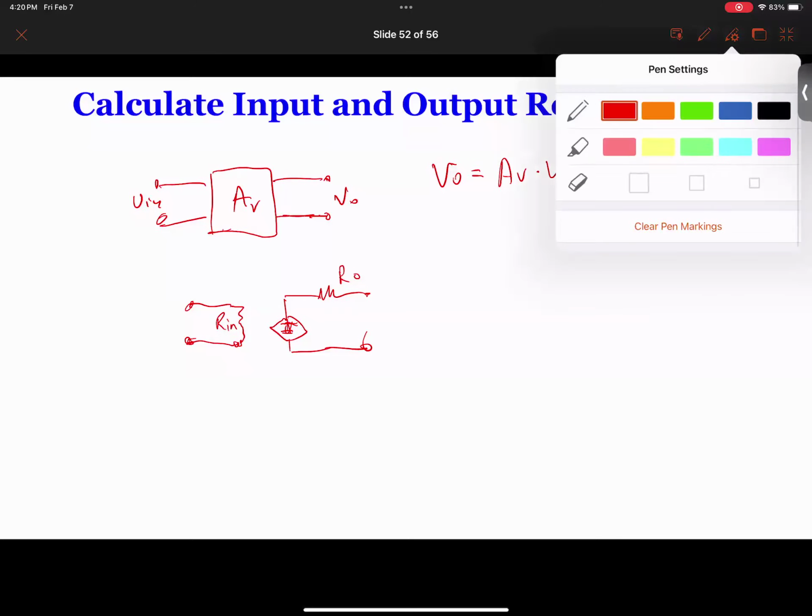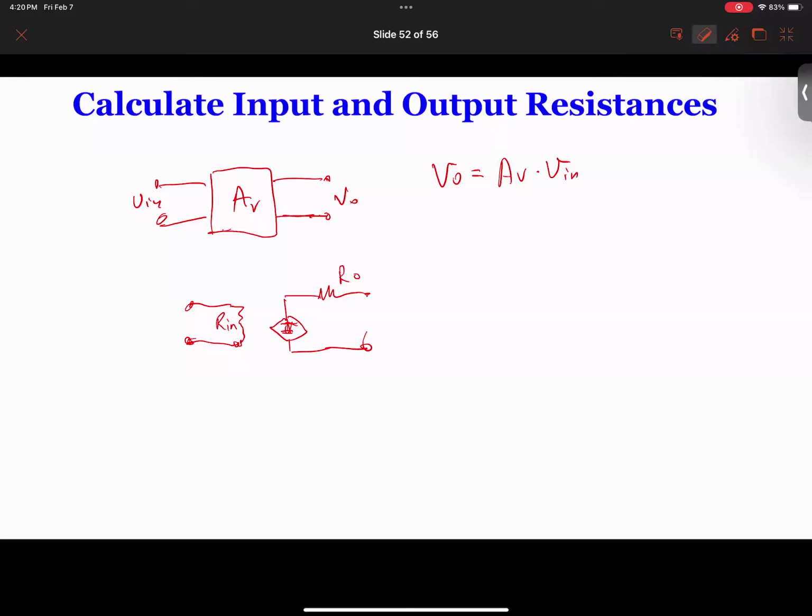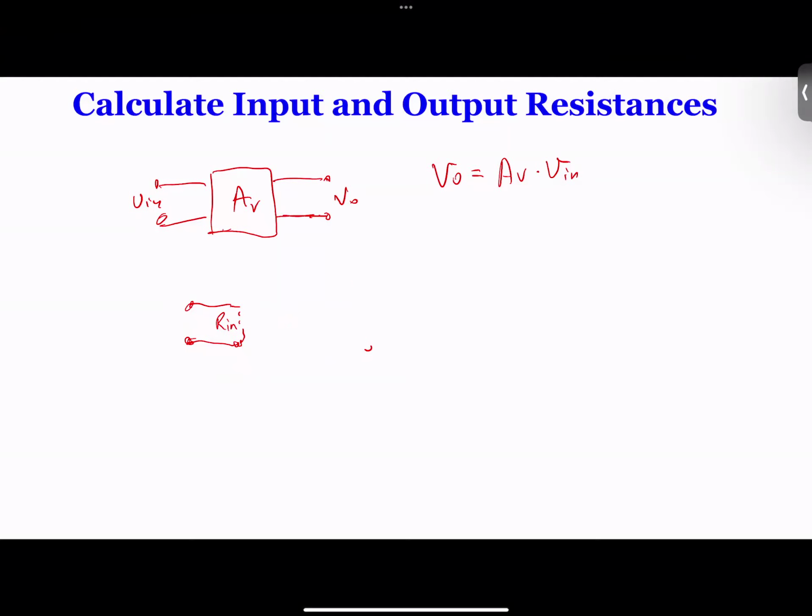So if this is a voltage source, oops, it doesn't work that way. Well, let me redraw this.